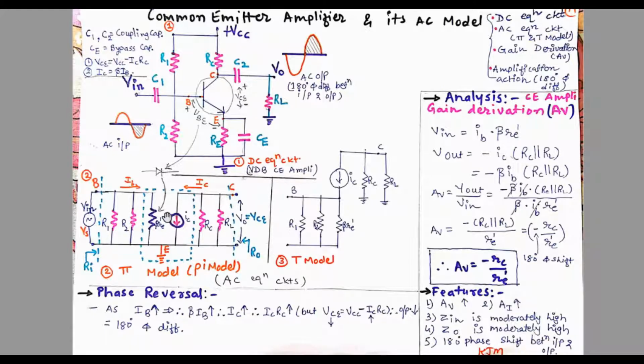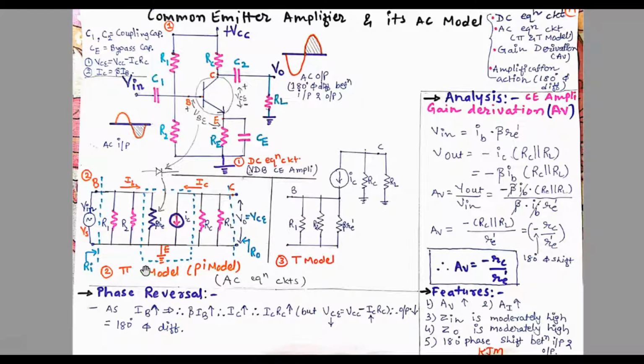It is denoted like this, and we will have to connect whatever resistances are connected with the output terminal. So which is the output terminal? That is collector, and this is the output signal. So which resistances are connected with the output terminal? You can easily say that one RC and another RL. So you will have to connect RC and RL in parallel at the output side.